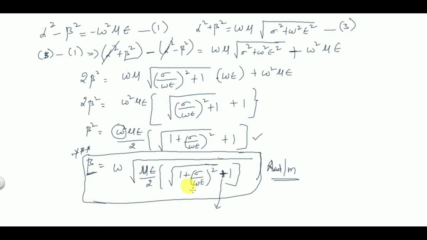Remaining terms are the same. So these are the formulas for the attenuation constant alpha, phase shift constant beta, and propagation constant gamma in terms of medium parameters. This is the concept here.